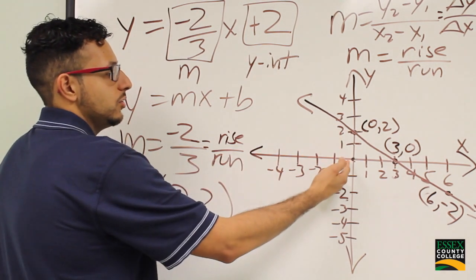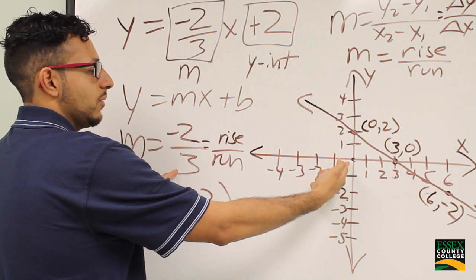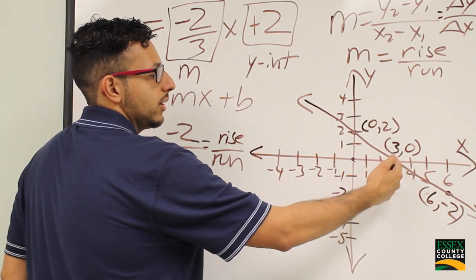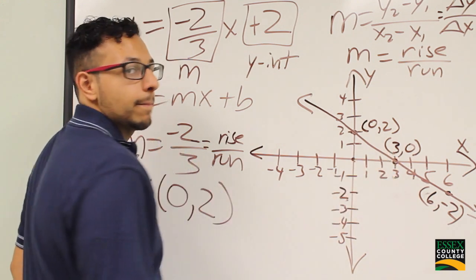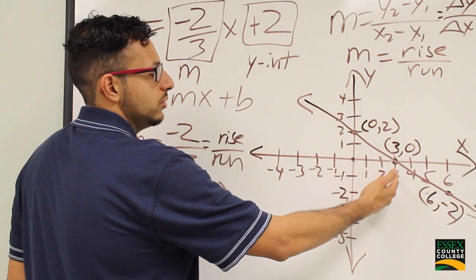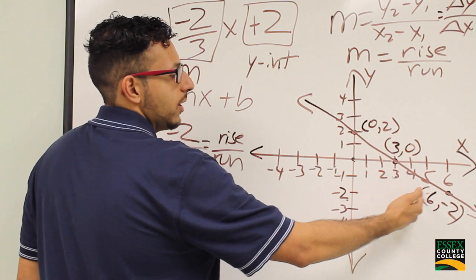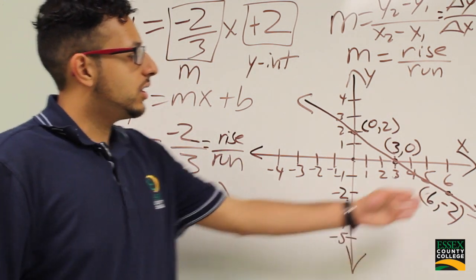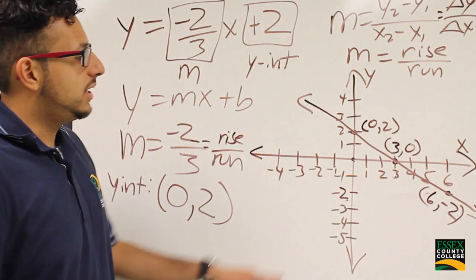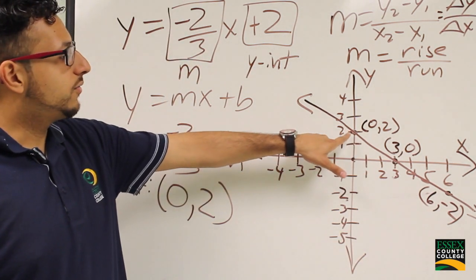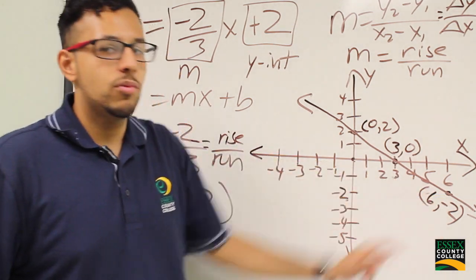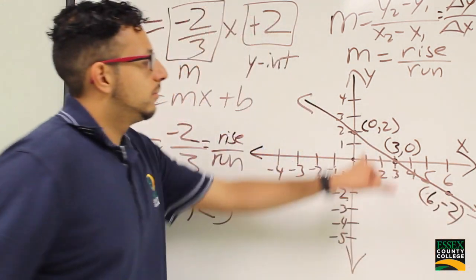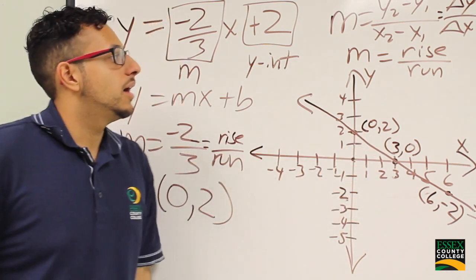We went down 2, and then we run positive 3: 1, 2, 3. This is the next point. Then we do it again: down 2, and over 3. That point. You can continue doing that, but this problem stated that we only need 3 solution points. We already had the first solution point, and then we created 2 more, so we can finish there. We just draw a straight line, plot the coordinates, and this is our answer.